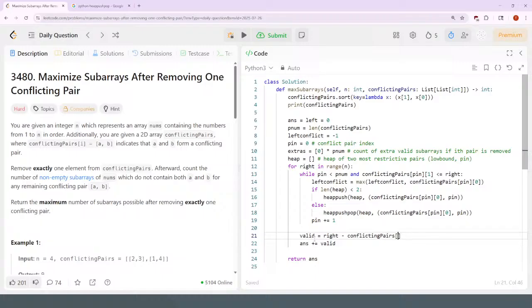Conflicting pairs at -1. Because I know that heap should always... Okay, actually there could be an empty heap at the moment. If not heap, then the valid is just going to be the right.